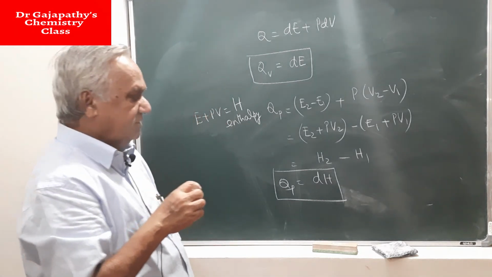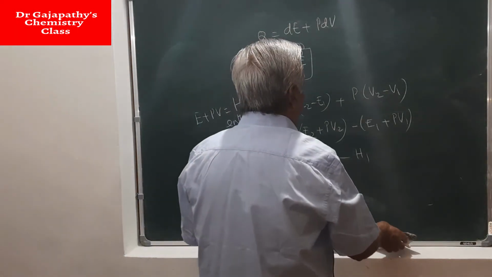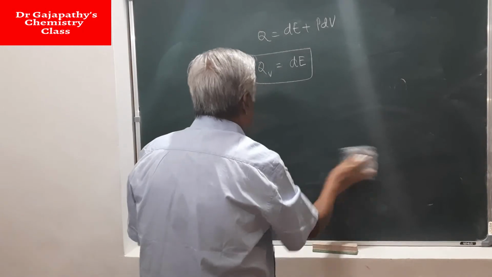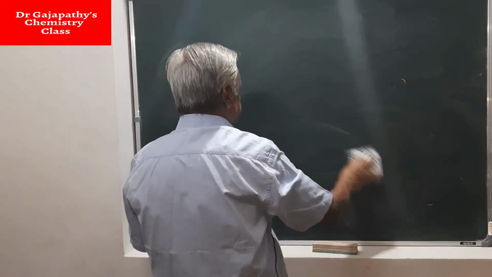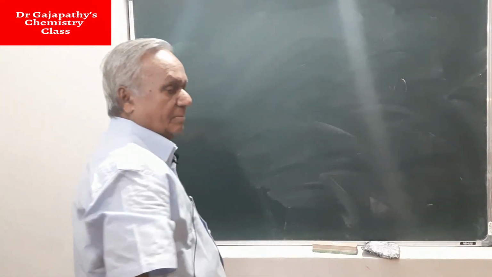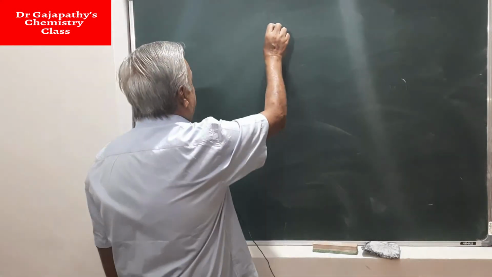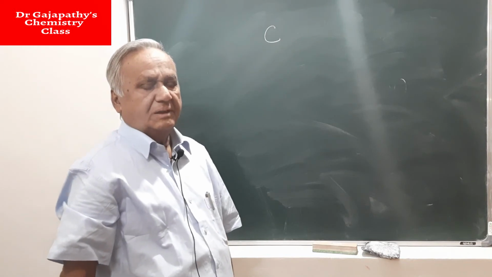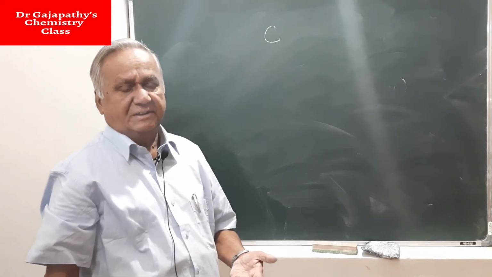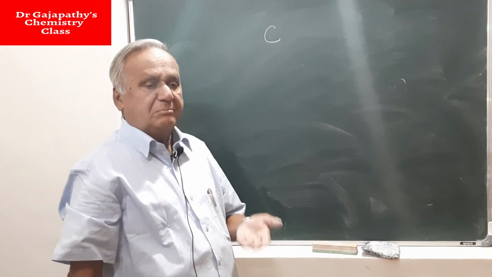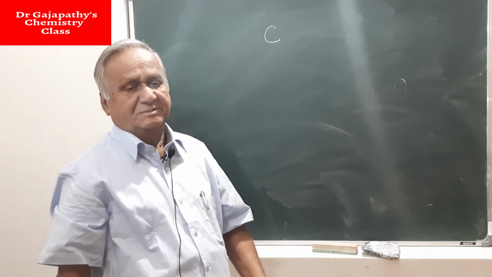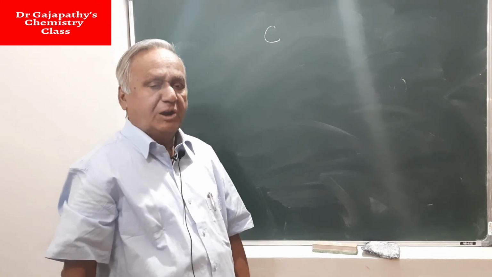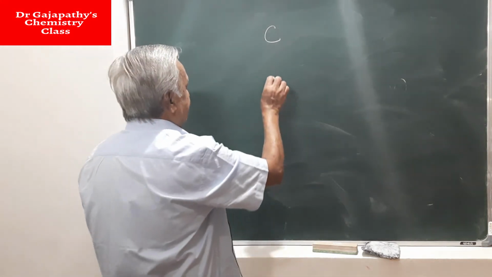At this juncture, let me tell you what is meant by heat capacities. Heat capacity, the symbol is C. It is the energy required to increase the temperature by 1 degree. Suppose I do it at constant volume. I will write like this.